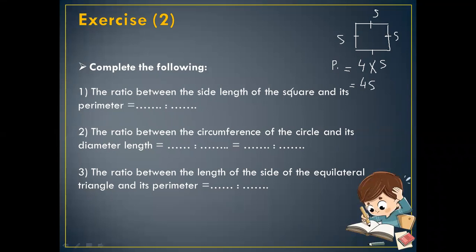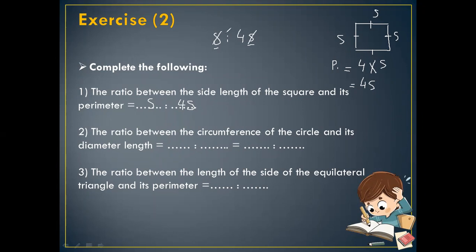Okay, now we ask you the length and the perimeter. We know that the length is s. What about the perimeter? The perimeter is 4s. Do you see here? We have s to 4s. We have the same unit. It's a side. So I will ignore side in the first term and the second term.